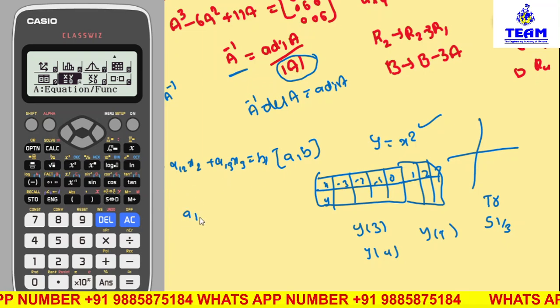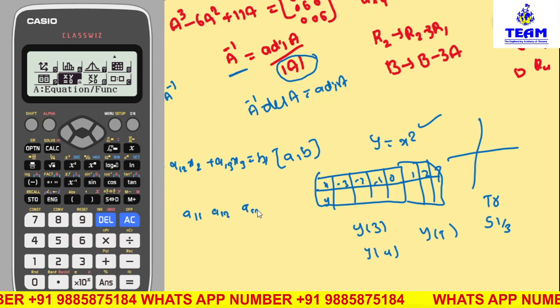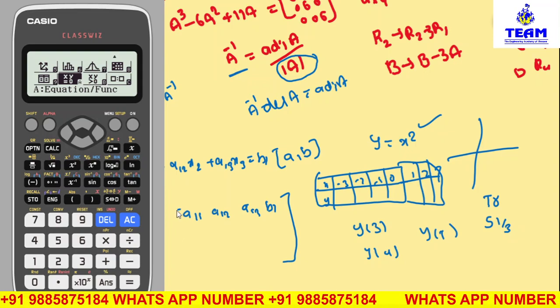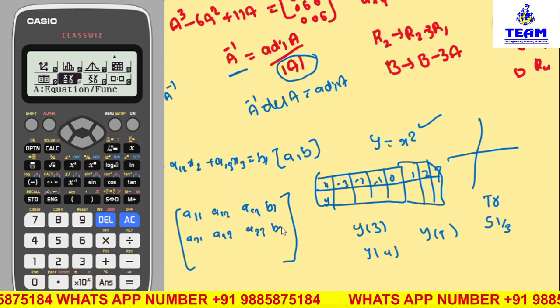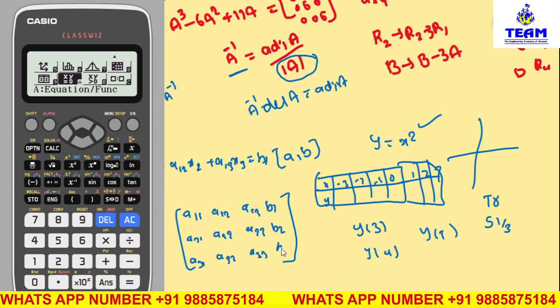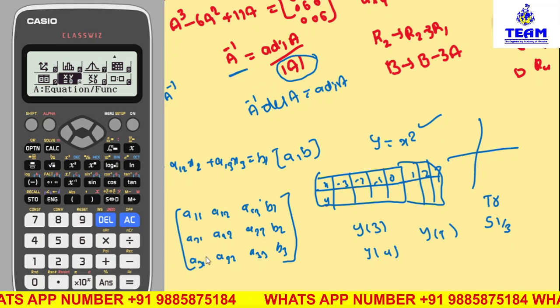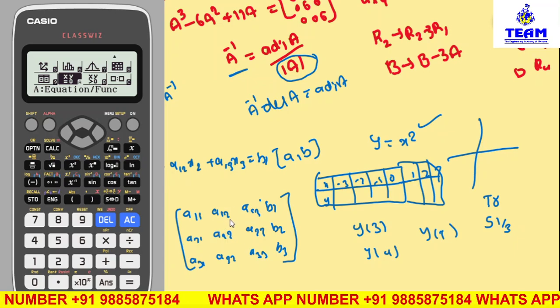What we will do is write the augmented matrix [A|B]: a11, a12, a13, b1; similarly a21, a22, a23, b2; next a31, a32, a33, b3. Now we can give these values in the calculator, friends, and you can get the solution of the system of linear equations.